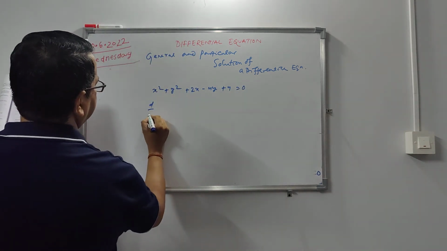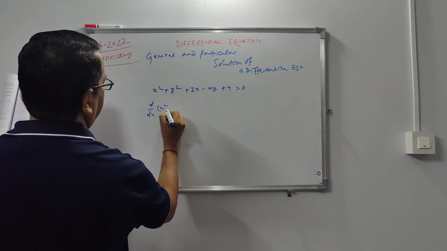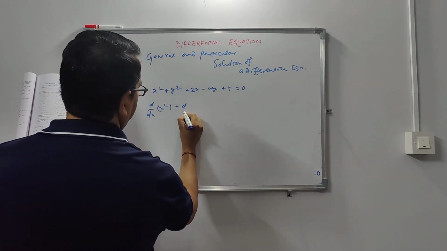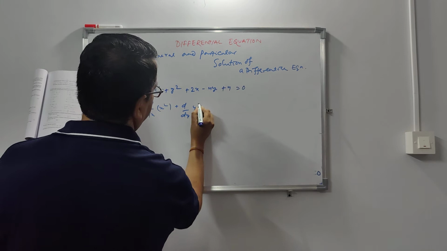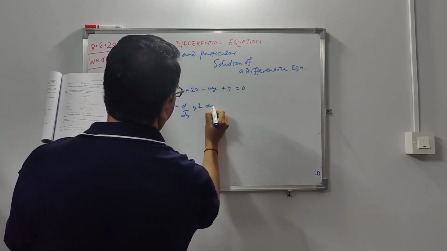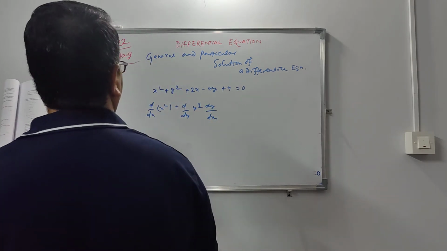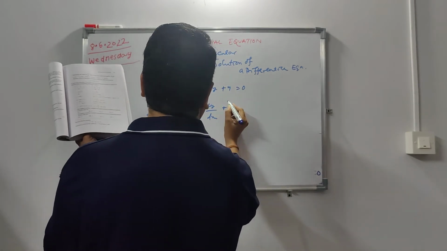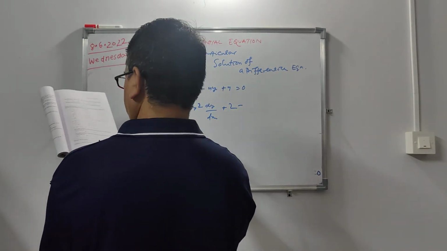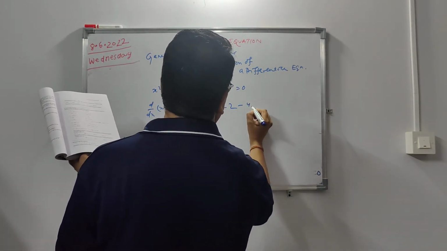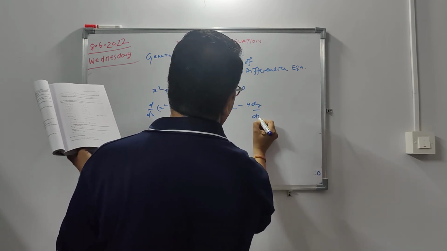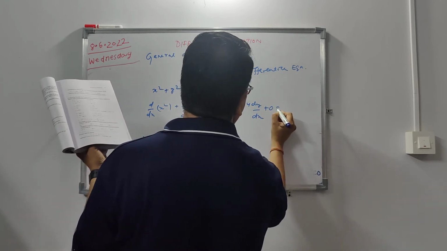So d by dx of x square, then you apply chain rule: d by dy of y square into dy by dx, and then 2 minus 4 dy by dx plus 0 is equal to 0.